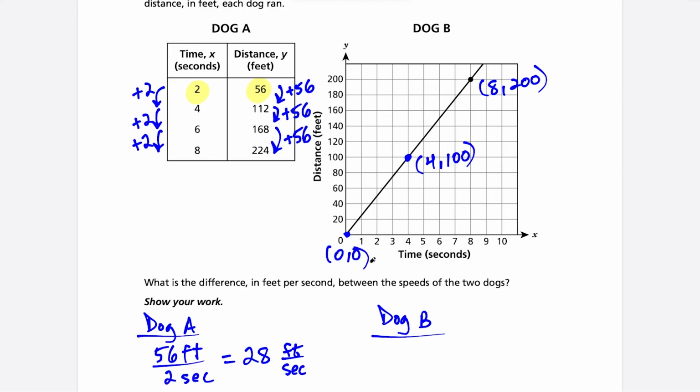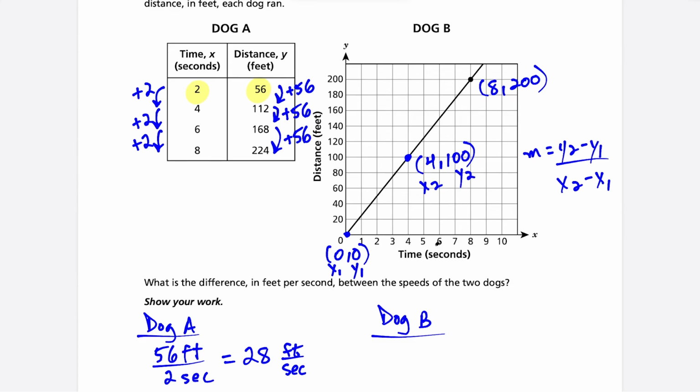But what we're basically finding here is the slope of the line formed by connecting all of these points. So let's go ahead and find the slope of this line. For this one, we could use the formula for slope, y2 minus y1 over x2 minus x1. I could find the slope between any 2 points on the line, but using 0, 0 is the easiest way to go. So I'm going to use this as our point, and I'll use this point because the numbers are smaller.